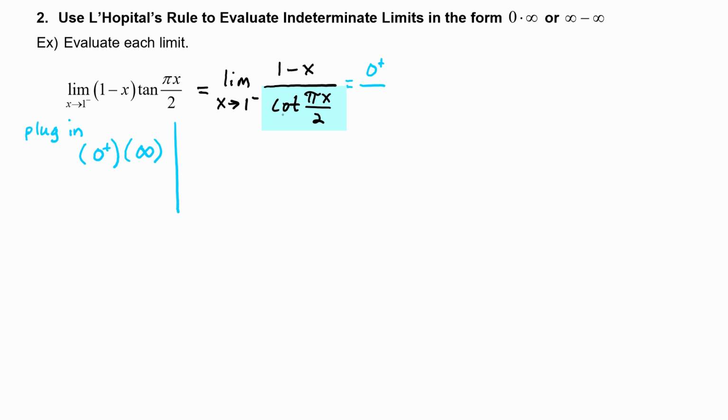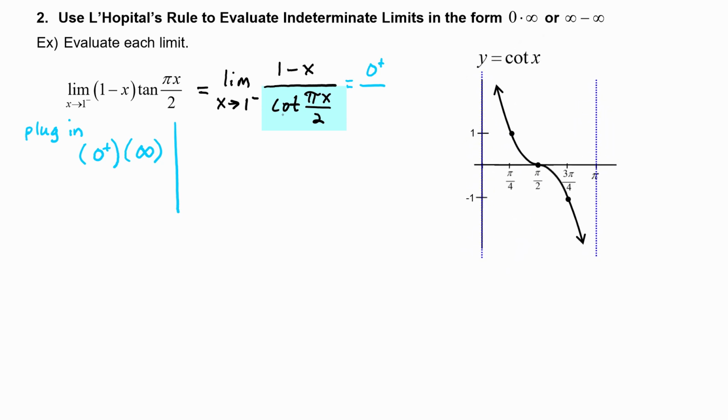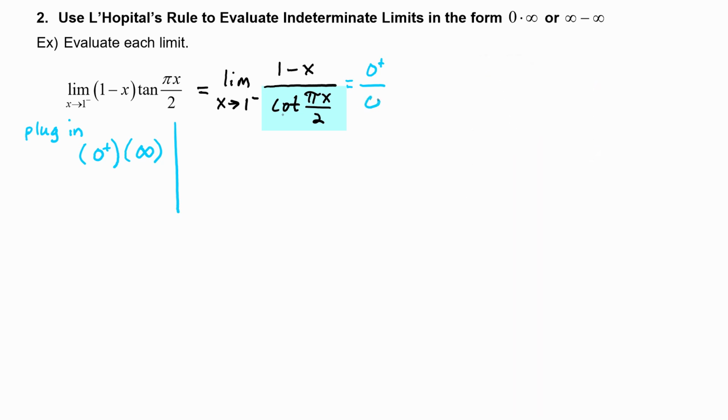Now, if we look at the graph of cotangent, when you're coming into pi over 2 from the left, you can see that the y value is going to 0 through positive numbers. So that's going to be 0 plus. Now, because we have 0 over 0, now we can apply L'Hopital's rule.